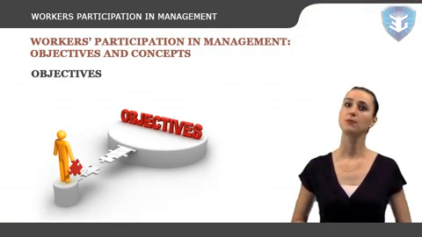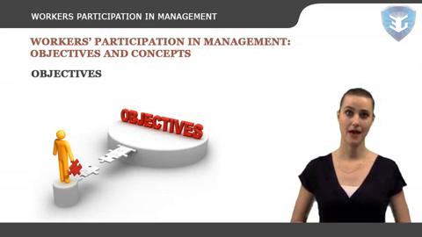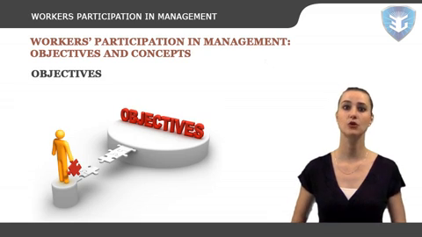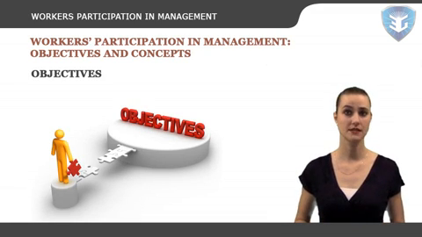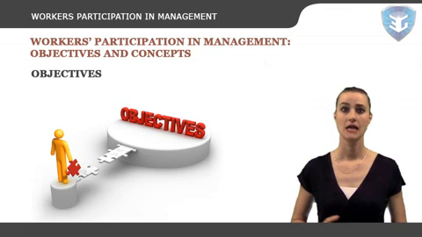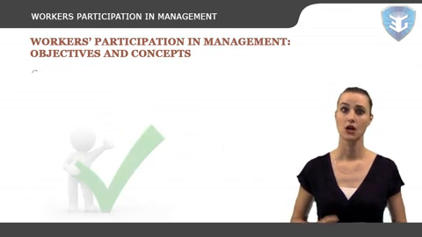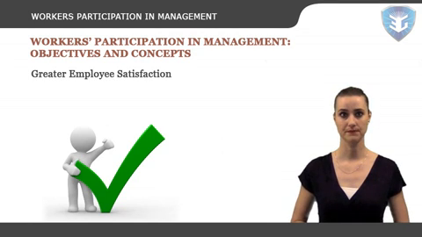Objectives. The primary objective of WPM is to broaden the decision-making process of the organization by including the employees or their representatives in that process. Several other objectives are also served by participative management. Greater employee satisfaction.